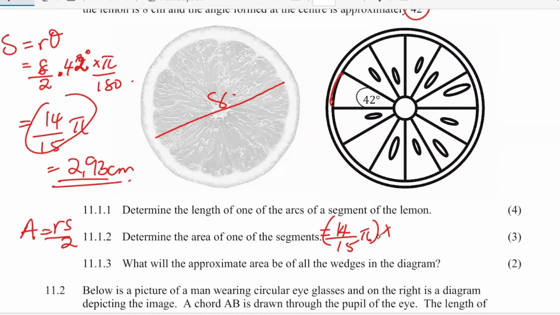I'm going to multiply this by the radius, which is 4, then divide by 2. When I simplify this, I'm ending up with a 5.86 centimeters squared. Remember, the S is what we got. You can alternatively use the decimal. There's no problem with that. The answer you get will be approximately the same.